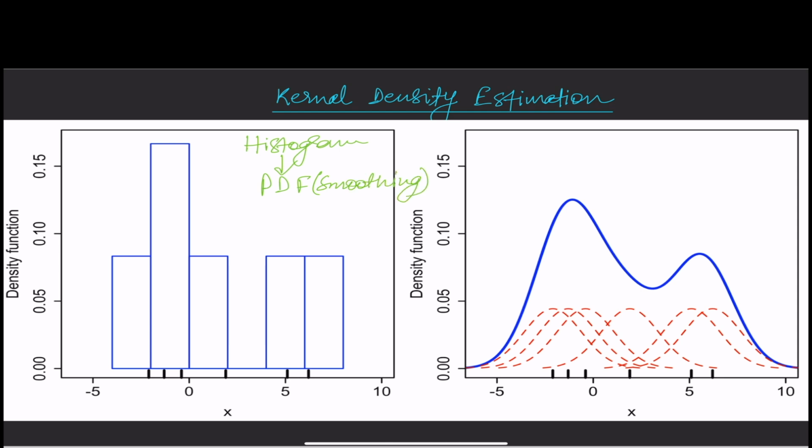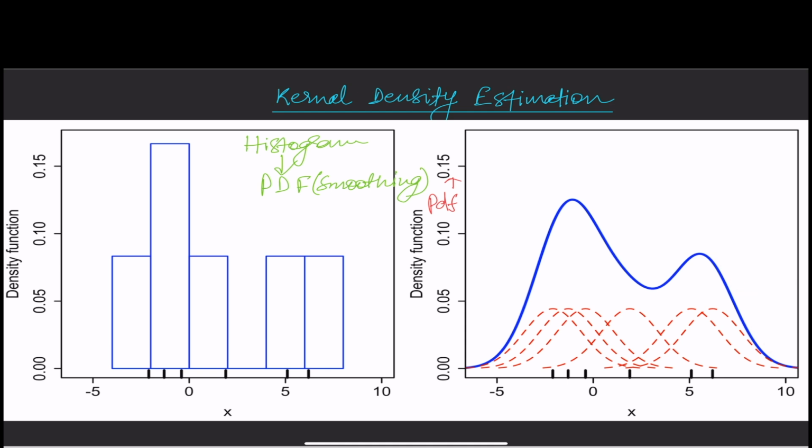So if I can smooth this histogram, I will get this PDF. This is my PDF. So by smoothing this histogram, I am getting this PDF.